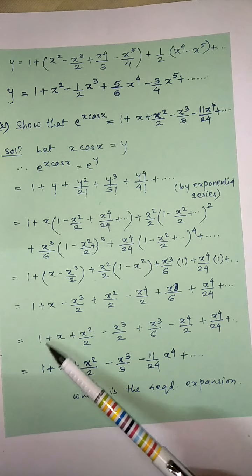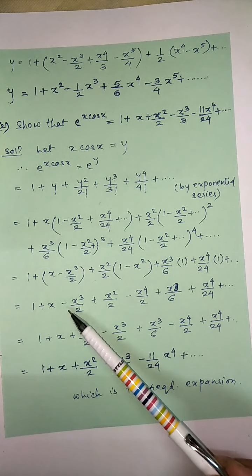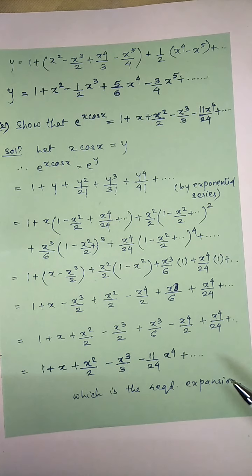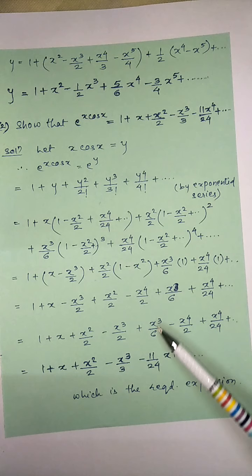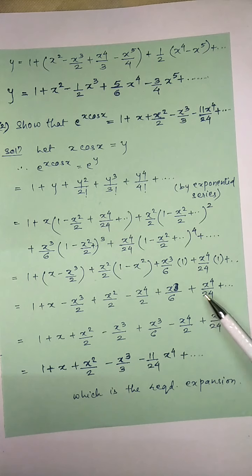This will be 1 plus x square by 2. Now we take together terms of the same power of x. It will be minus x cube by 2 plus x cube by 6 minus x raised to 4 by 2 plus x raised to 4 upon 24 plus and so on.